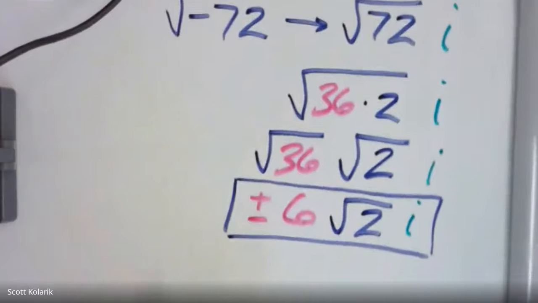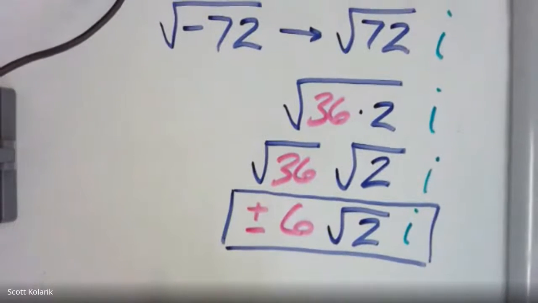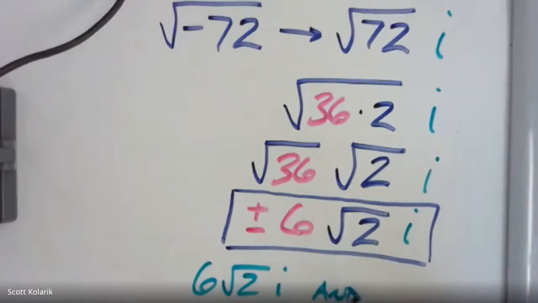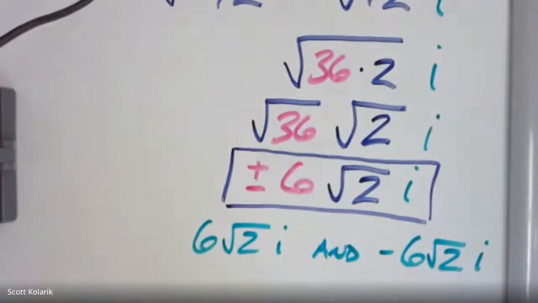So if you want to break this down a little further into what the actual 2 results would be, because again, that's that plus or minus, that would be positive 6 radical 2 i, and your other result here would be negative 6 radical 2 i. So this plus or minus just represents these 2 possibilities. And all that i represents is that we're in the imaginary family of numbers. But everything else within that problem was from section 1, simplifying a radical.